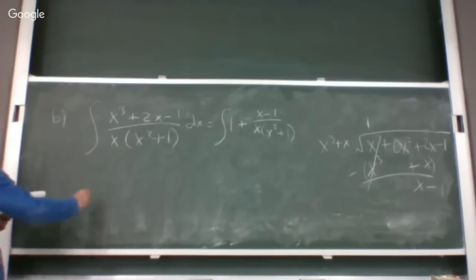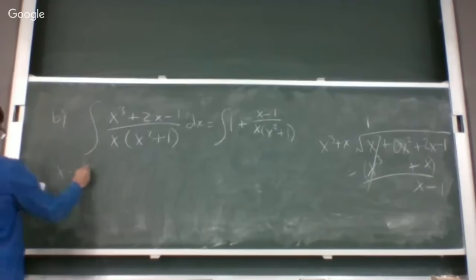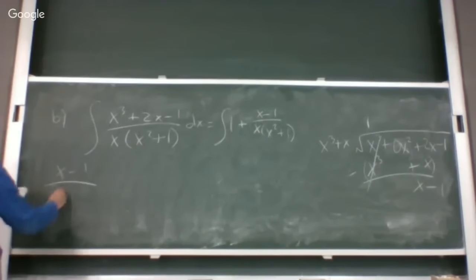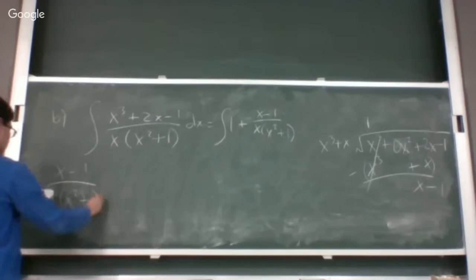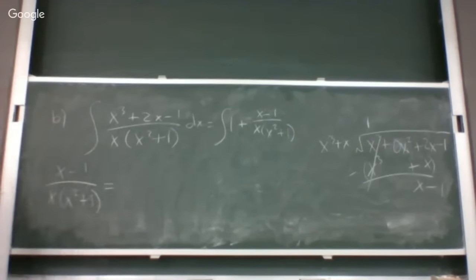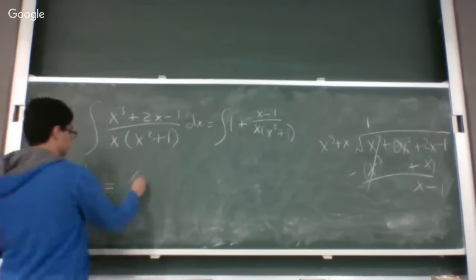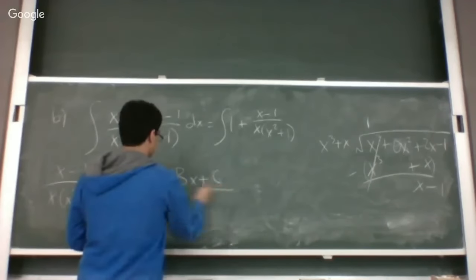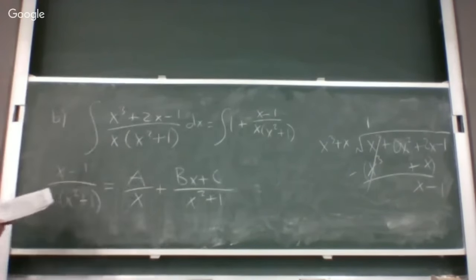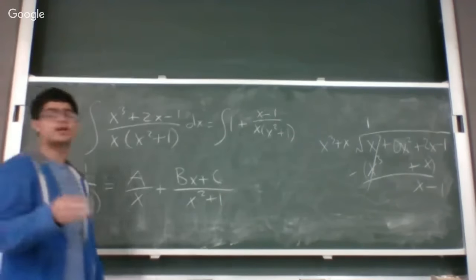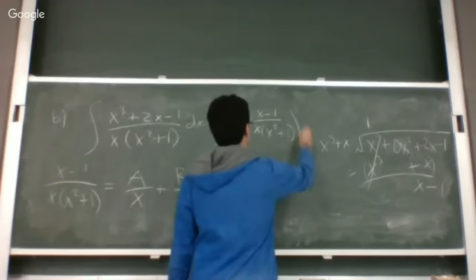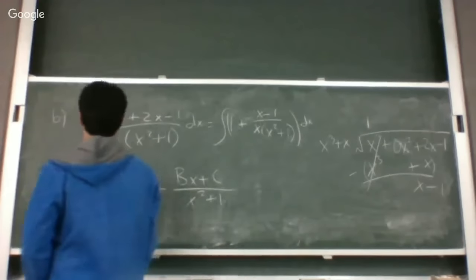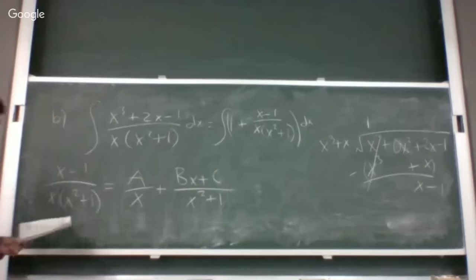So if we were to break that small part of it, x minus 1 divided by x times x squared plus 1, what would our two factors be? A over x, bx plus c over x squared plus 1. You don't ignore it, but you come back to it, okay? Right now, we're just trying to simplify this, and then we'll go back to the integral.